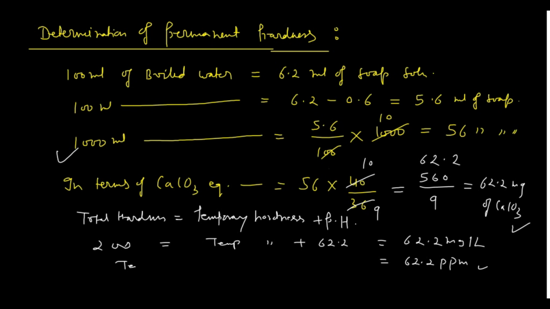So your temporary hardness is 200 minus 62.2, which is 137.8 ppm. This is how you can calculate the temporary, permanent, and total hardness using the soap titration method, or the Clark method.